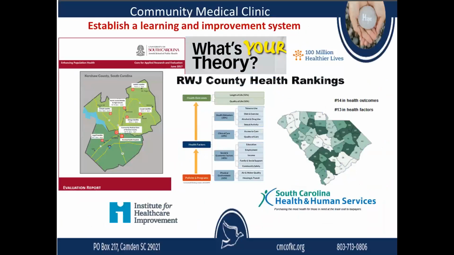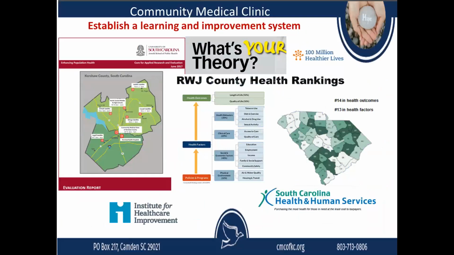The Institute for Healthcare Improvement was really key for us to learn those community of solution skills, being able to have that framework. Being able to look at the Robert Wood Johnson County Health Rankings, and our very own South Carolina Department of Health and Human Services, Department of Health and Environmental Control, all of these individuals and organizations collect data that we can continually look at and assess where we are.